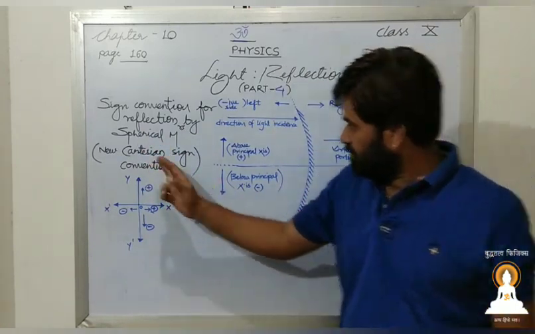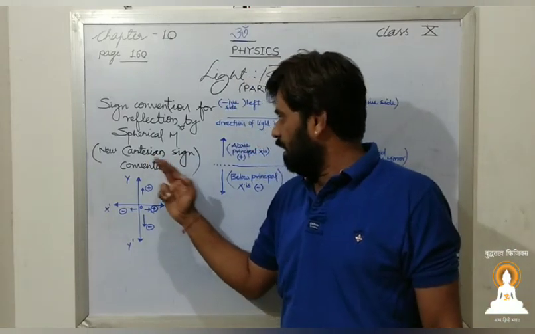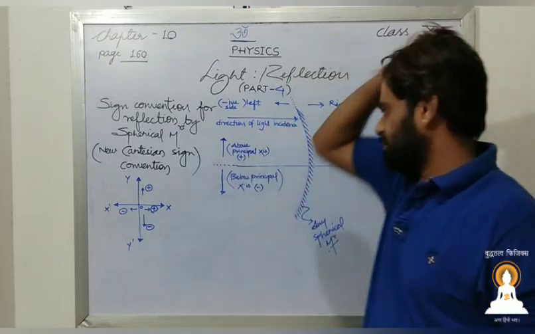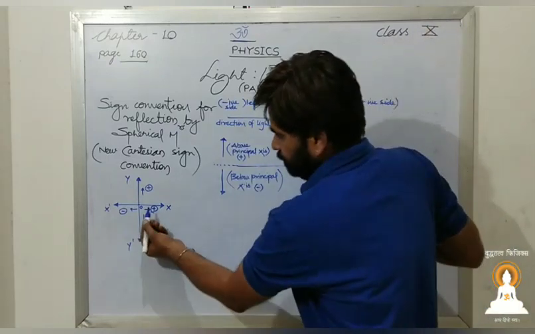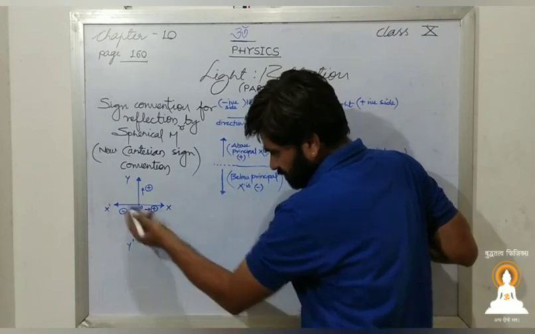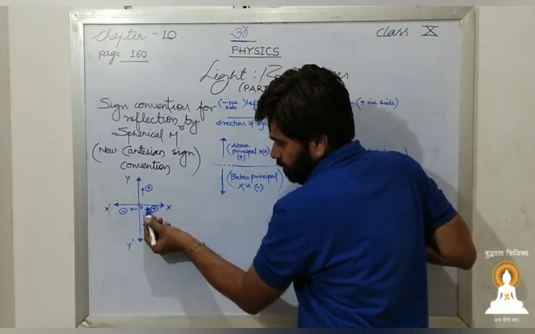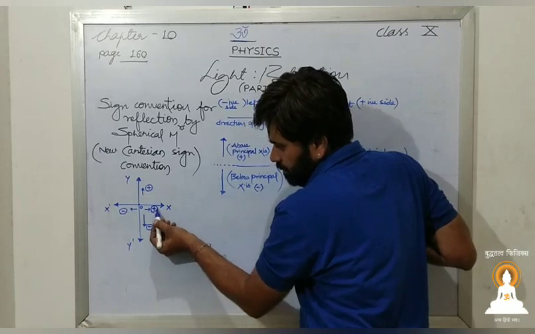Now, Cartesian sign convention, we have already studied in mathematics in 9th class. It is very simple. If this is a coordinate system and this point O is the origin, then this is the positive x-axis.